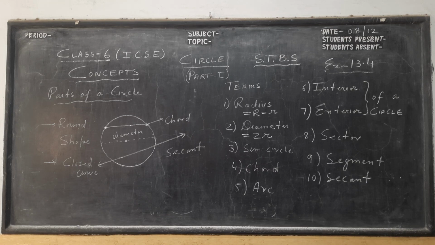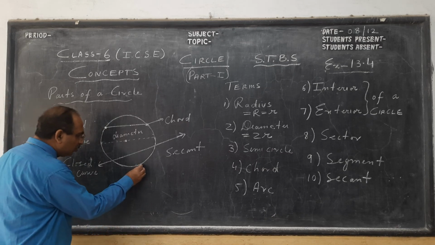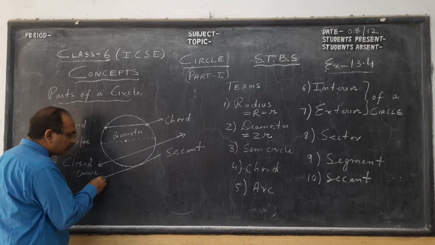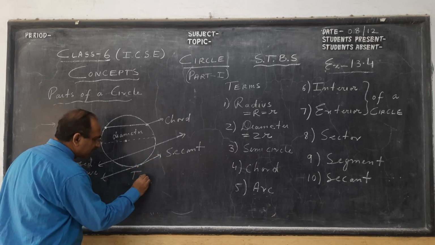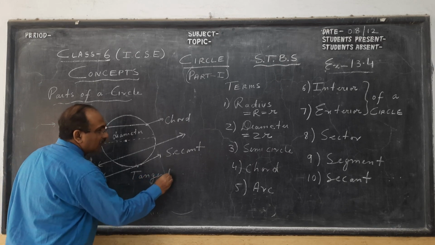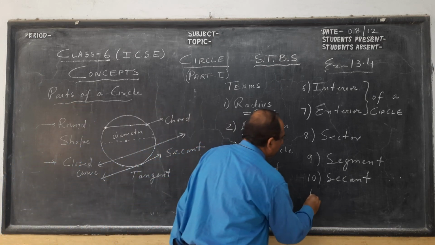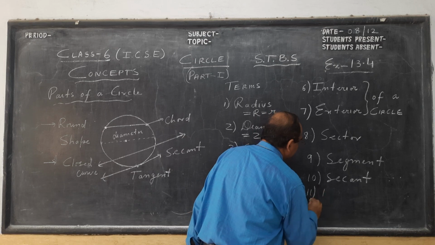Then another concept we have, children, is tangent. When the secant goes and touches only 1 point of the circle, that is called a tangent.